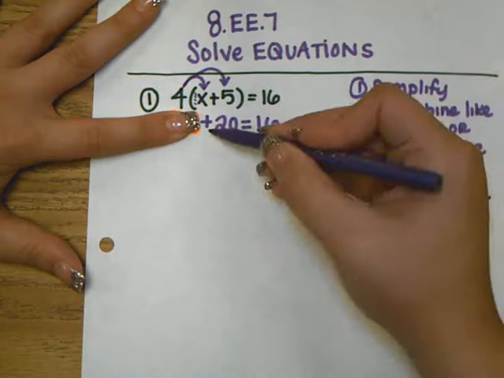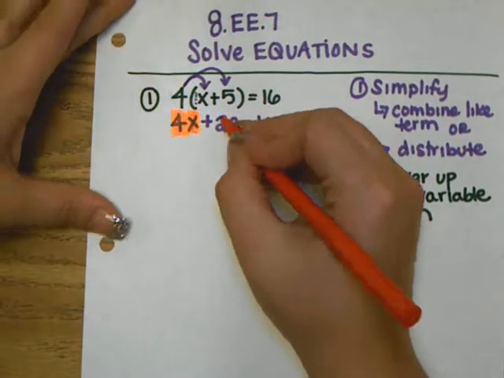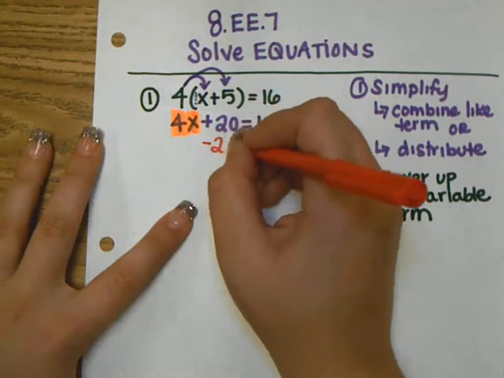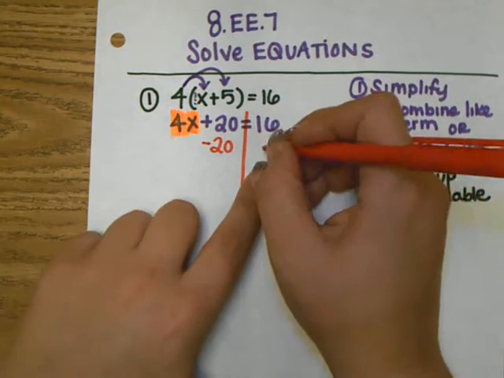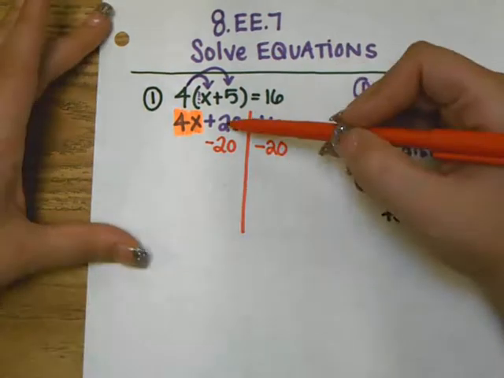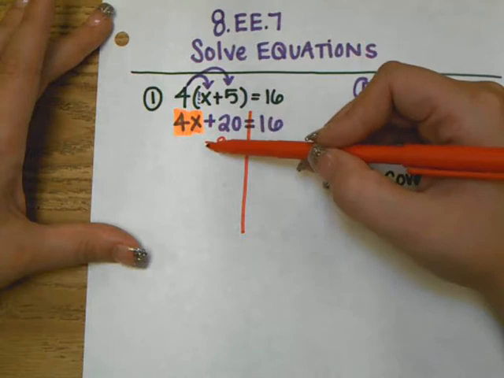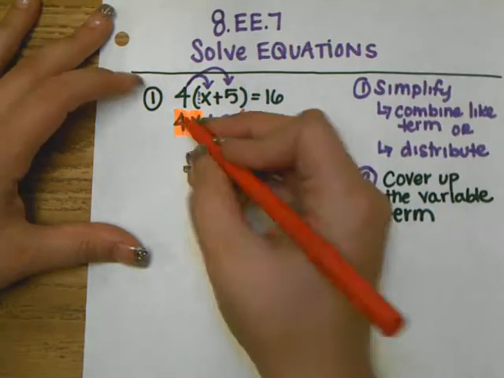And we want to make this number 0. So if we put onto this side a negative 20, whatever we do to this side, we have to do to the right side. So positive 20, and if we take away 20, that makes 0. So that's gone.